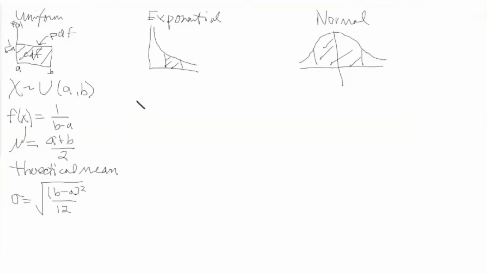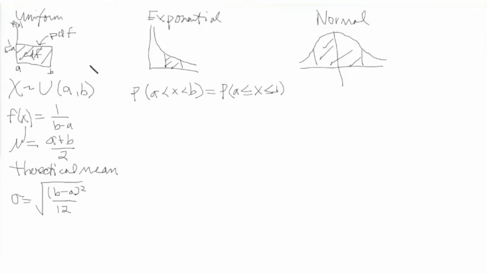And then when we write the probabilities for the uniform, we're going to write that as the probability of a less than x less than b. And that is also going to equal the probability of a less than or equal to x less than or equal to b, because the probabilities are going to be the area under the line.